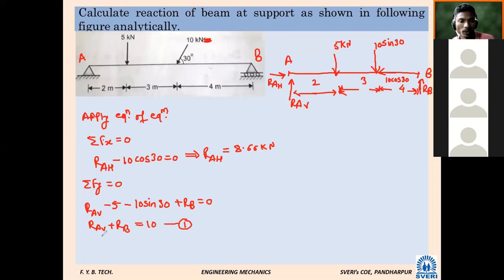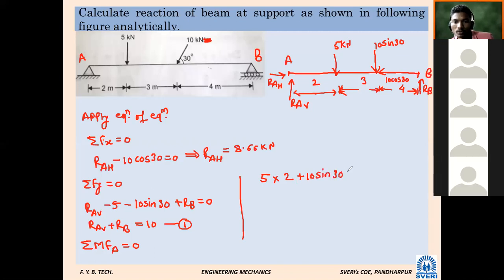Equation number 1. Apply summation of moment due to all forces at point A, equal to 0. Who will tell the equation? Due to 5 kilonewton, clockwise or anti-clockwise moment? Clockwise. What is the distance of the 5 kilonewton force from point A? 2 meter. Due to 10 sin 30, the moment is clockwise, and the distance from point A is 5 meter.